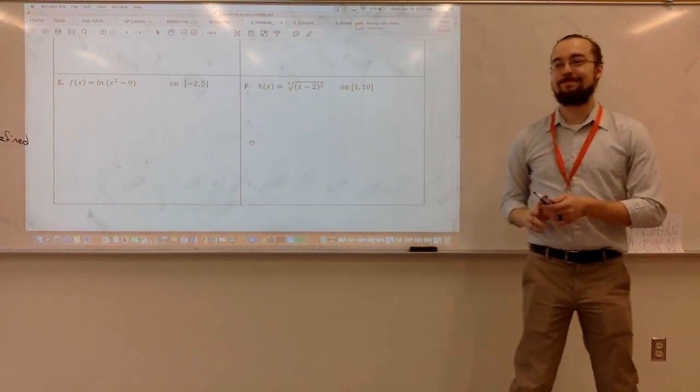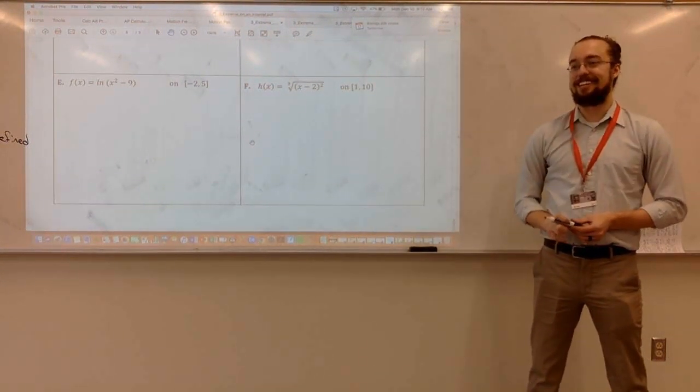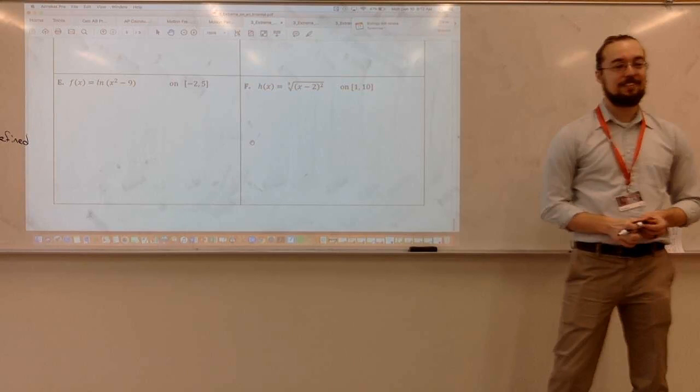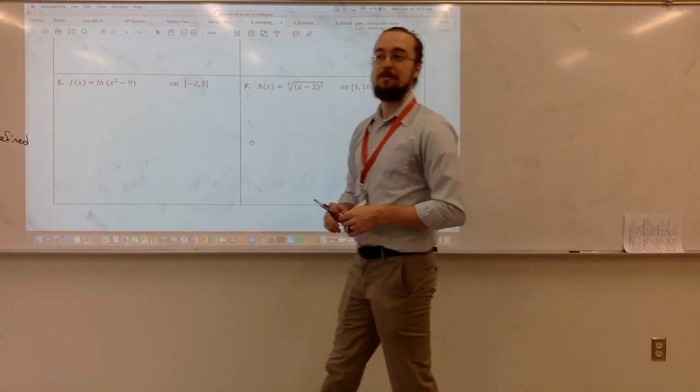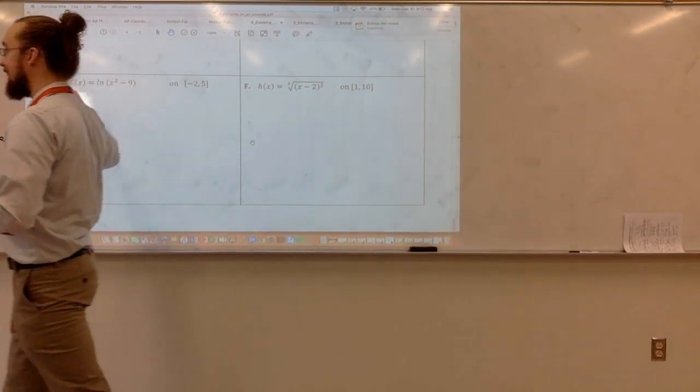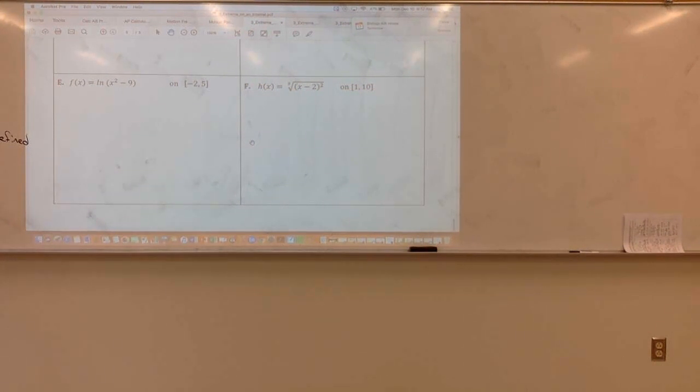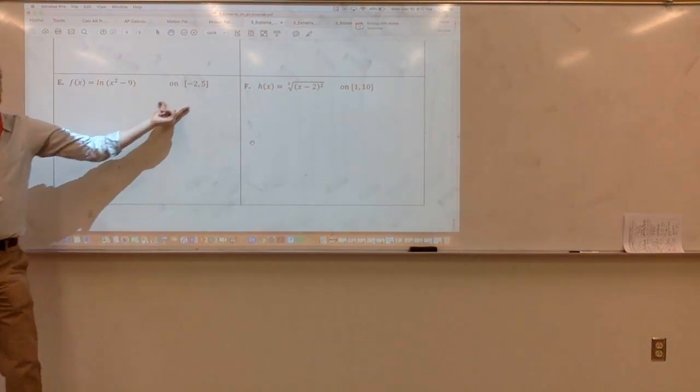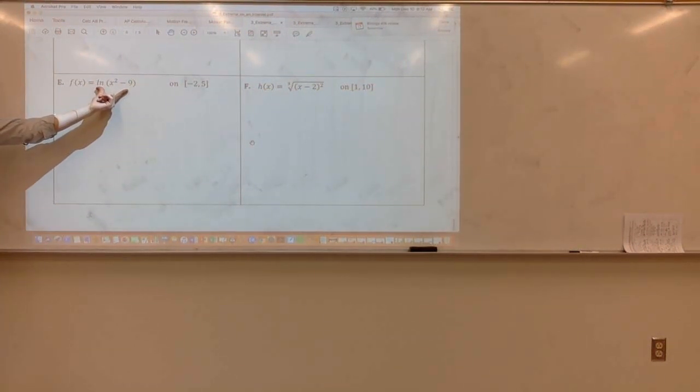Why not? It's not going to be continuous at x equals 3. What if I plug a negative into a log function? I can't have negatives or 0, right? Would any of these values on this interval make this negative or 0? Yeah, a lot of them.